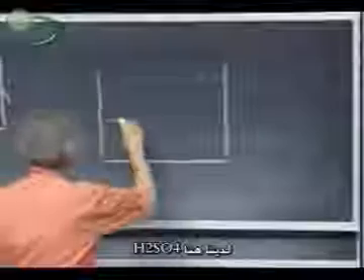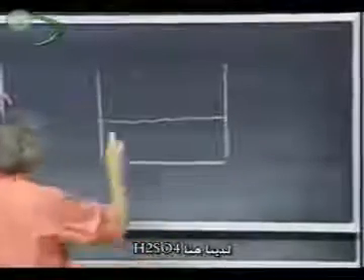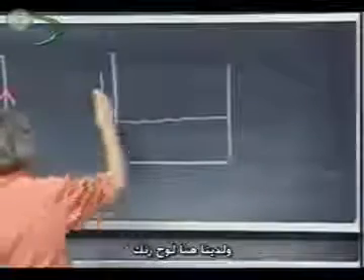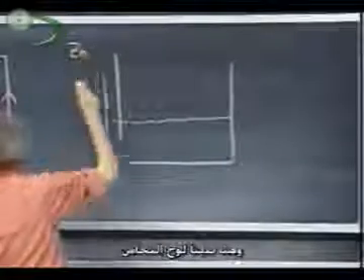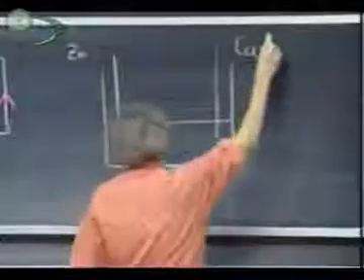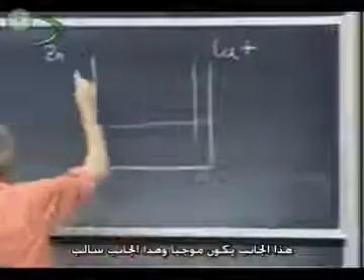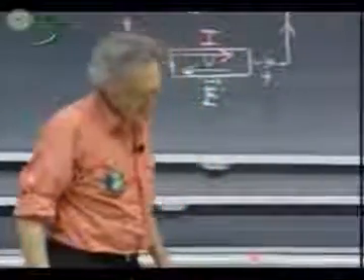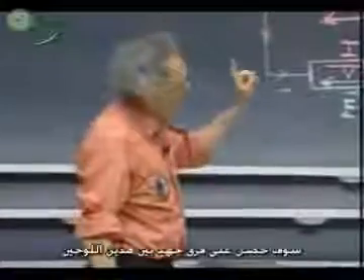So we have here H2SO4, and we have here a zinc plate, and we have here a copper plate. This side will become positive, and this side will become negative. You will get a potential difference between these two plates.